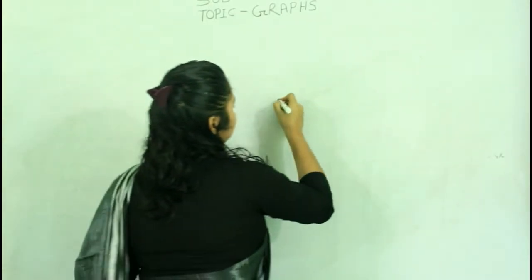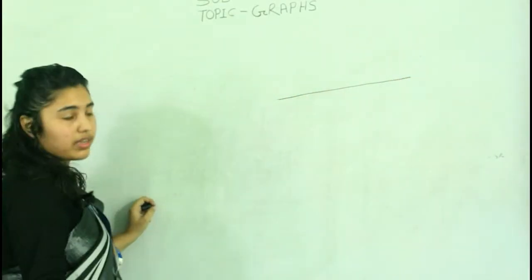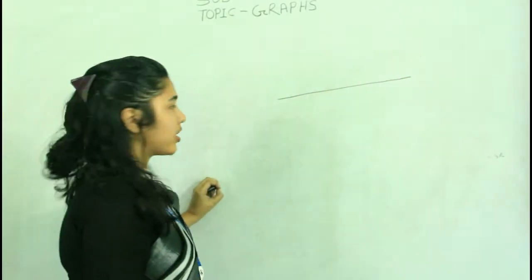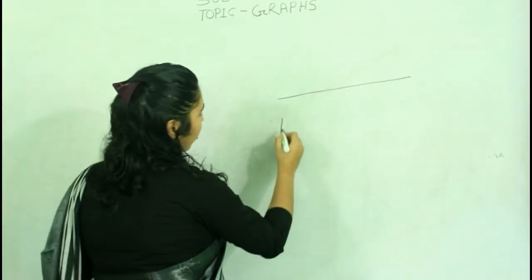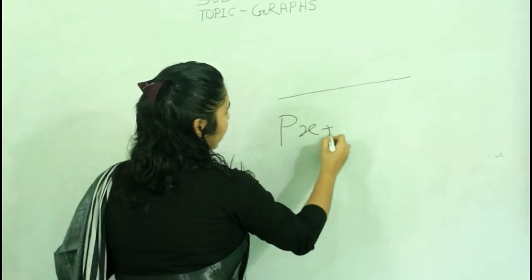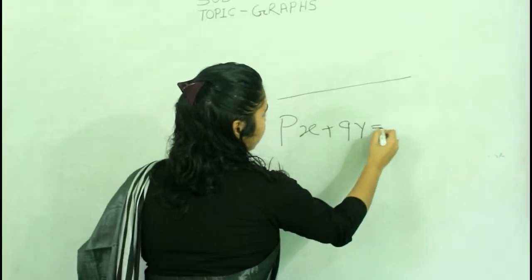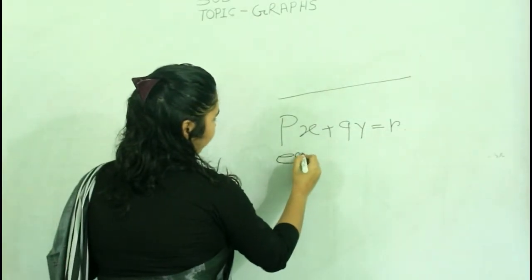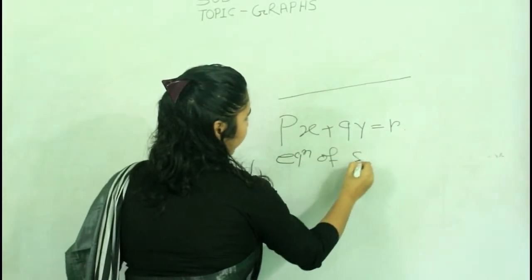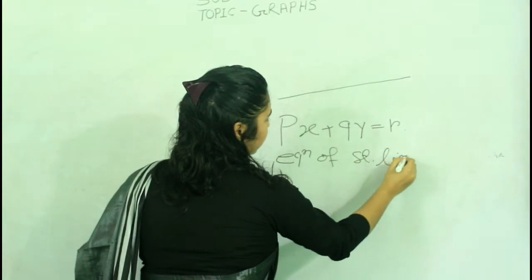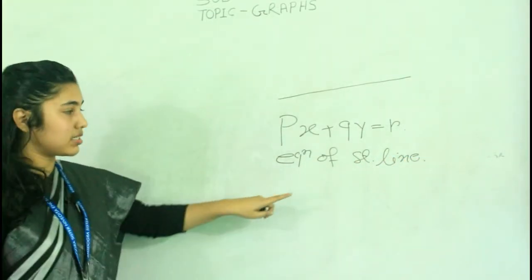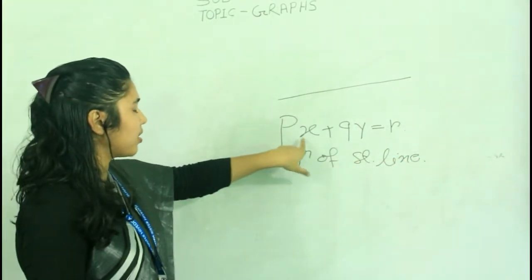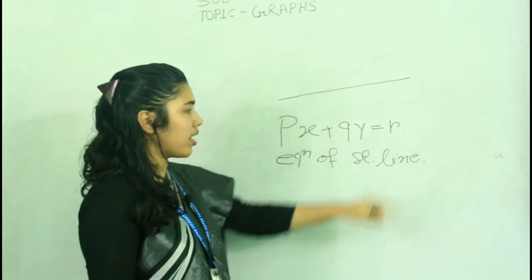Now, suppose this is a straight line. We know that the equation of a straight line is px plus qy equals r.